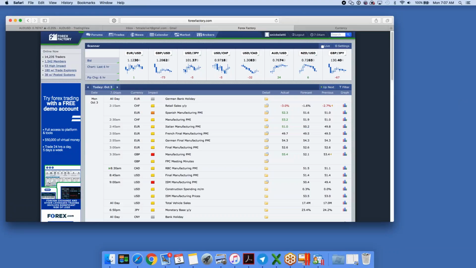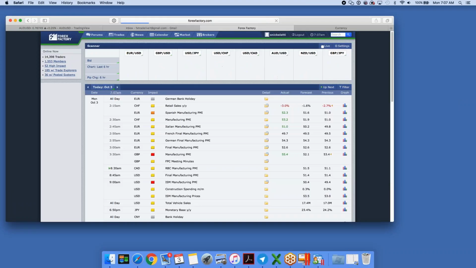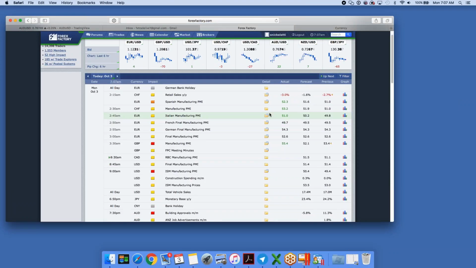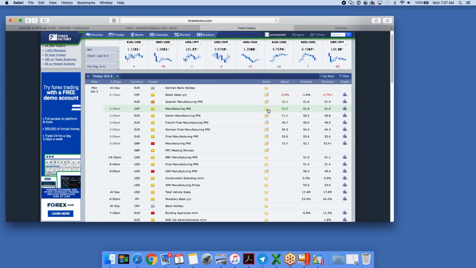Let's take a look at Forex Factory. Wrong day. There you go. So you can see last night there's high pound news. It might have caused a little movement in the pound, but not a lot.